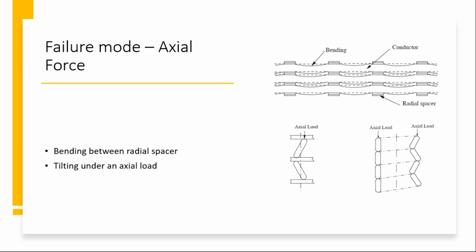And the next one is the tilting under the axial force. Tilting is mostly a common type of failure for large power transformers, and this failure can happen in a zigzag way. You see on the right, we have some different configurations for failure for tilting.